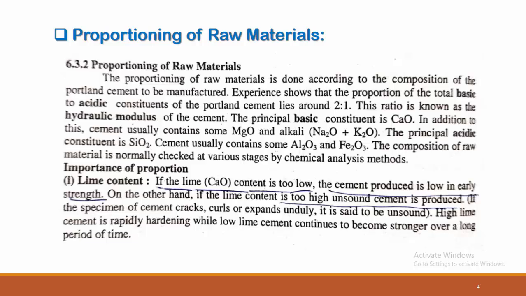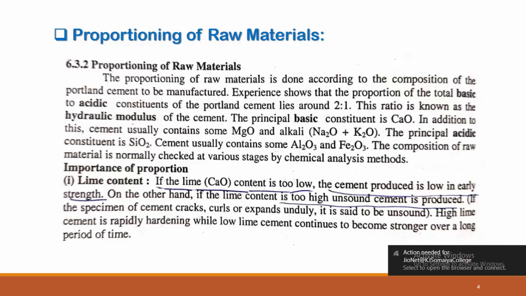Where C2S is nothing but dicalcium silicate, that is two molecules of calcium oxide with silica. Likewise, the proportioning of the raw material is done according to the composition of the Portland cement to be manufactured.